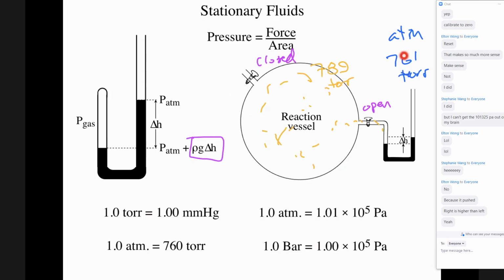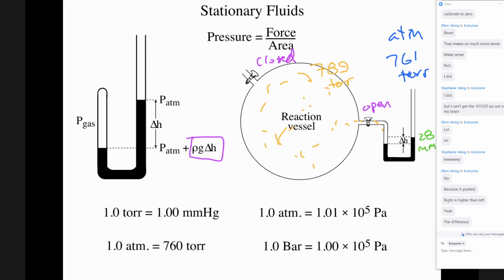If atmosphere is 761 and internal pressure is 789, how tall is that? 28 millimeters. Perfect, excellent answer. How do you get 28? The difference. Exactly. So 789 minus 761 is 28 millimeters of mercury because it's 28 torr.